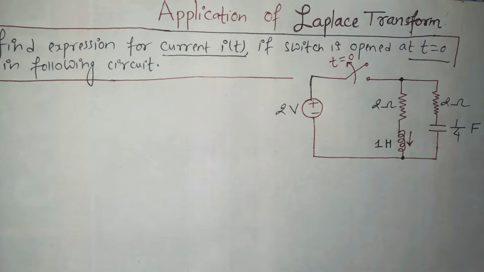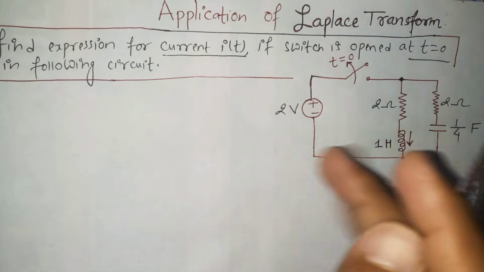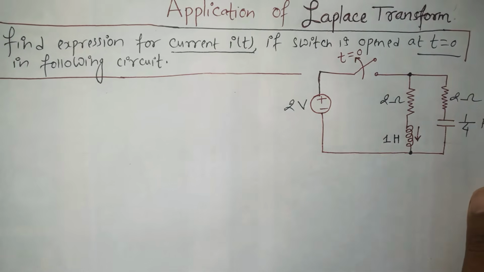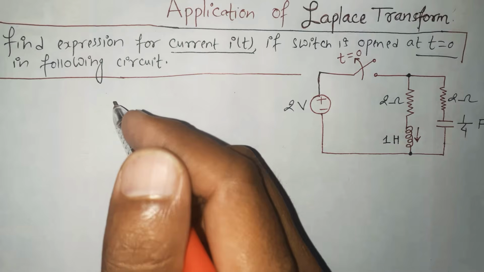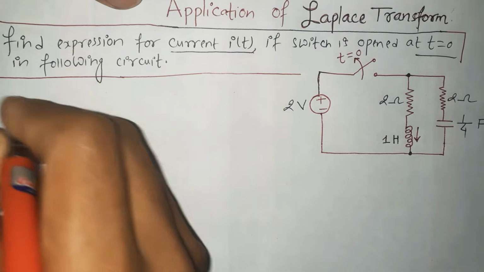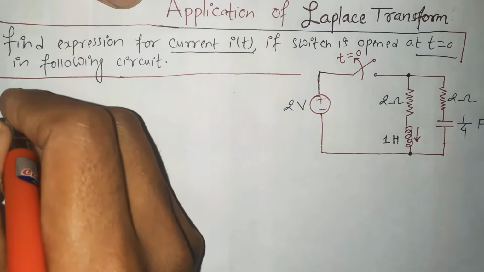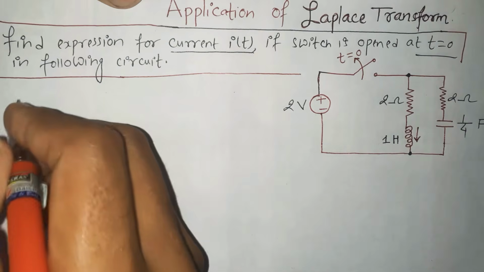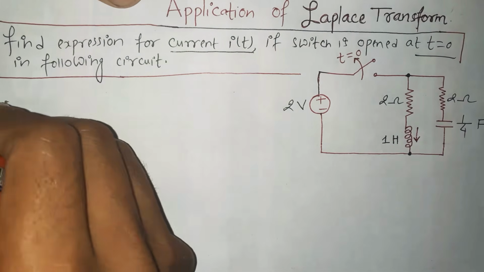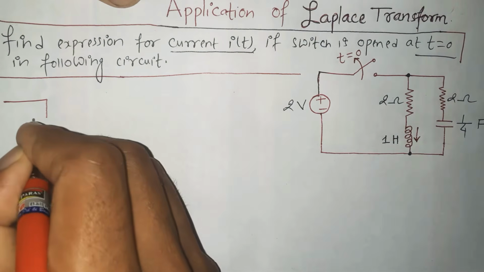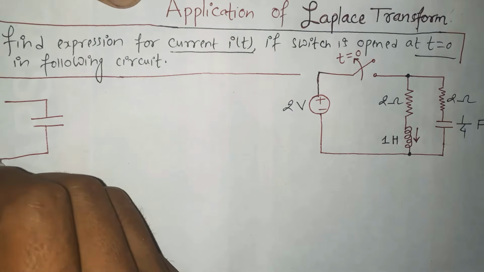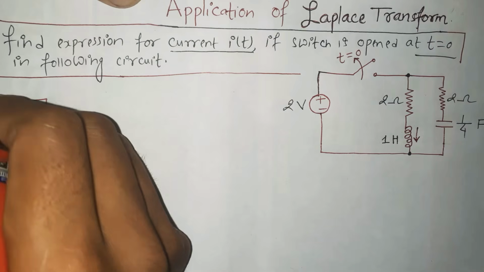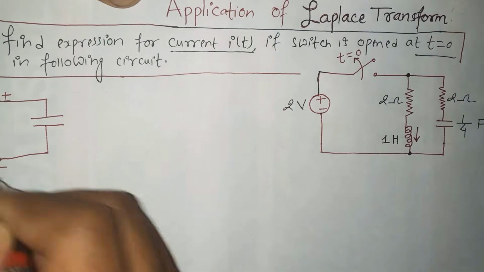Before solving this particular question, let me write something about the circuit transformation from time domain to Laplace domain. Equivalent circuit or the circuit transformation. If there is a capacitor, this is the capacitor, here this is the positive terminal, this is the negative terminal.